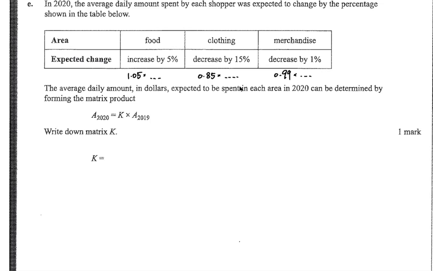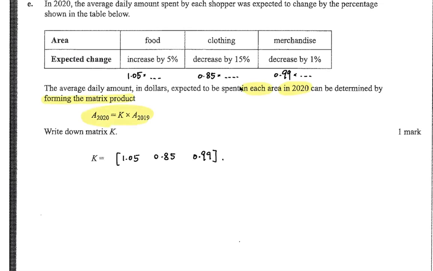The average daily amount in dollars expected to be spent in each area in 2020 can be determined by forming a matrix product of that. So we want to write down the matrix K. A common mistake for students to make is writing 1.05, 0.85, and 0.99.